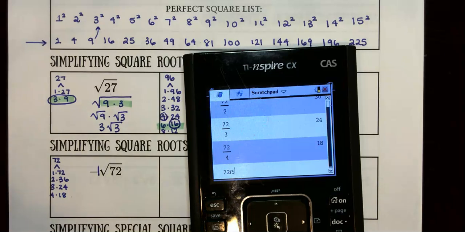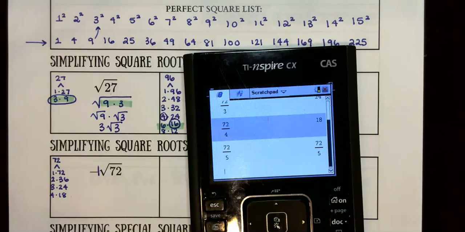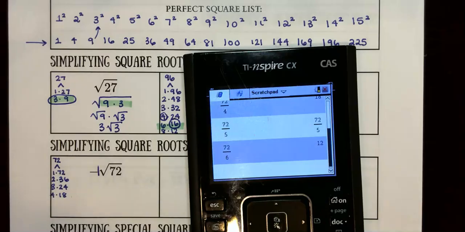If I divide by 5, notice it gives me a fraction and not a whole number. Anytime it gives you a fraction or a decimal, that automatically tells you that number is not a factor. Skip it. So in this case, we went all the way to 4. We're going to skip 5 and we're going to try 6. Notice that I get a 12, so we know that 6 times 12 is 72.